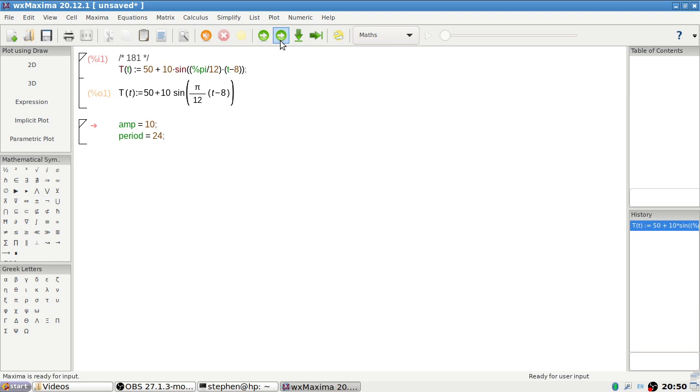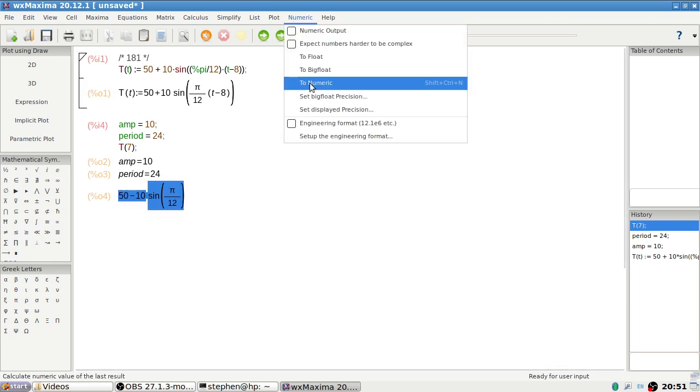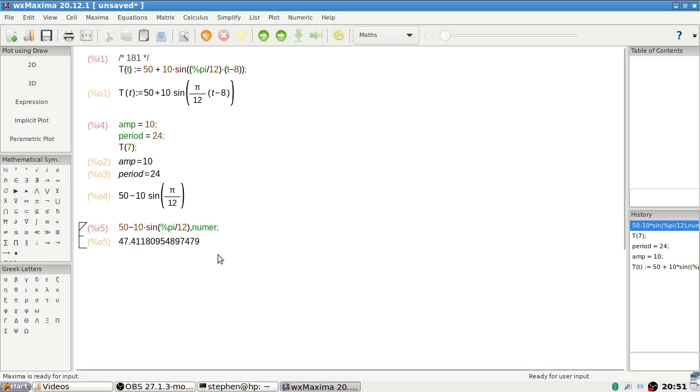Find the temperature at 7 hours. Okay, so let's just get that there. And the temperature at 7 hours needs to be numeric. Make it human readable. About 47.4 Fahrenheit.